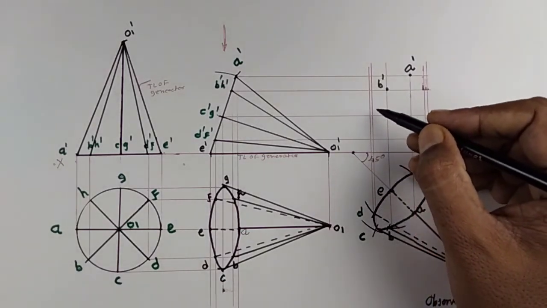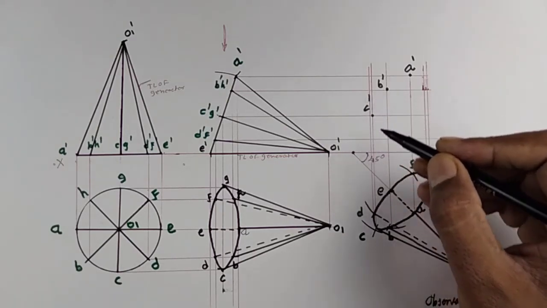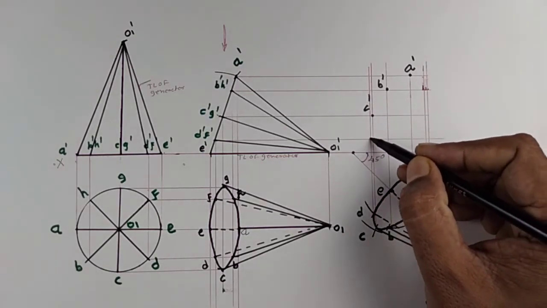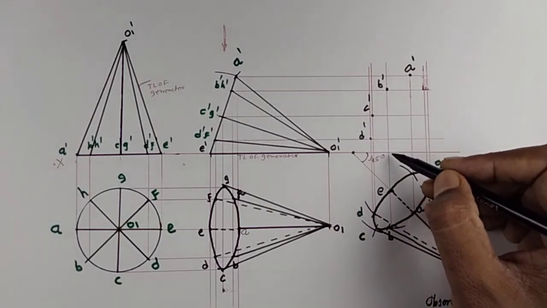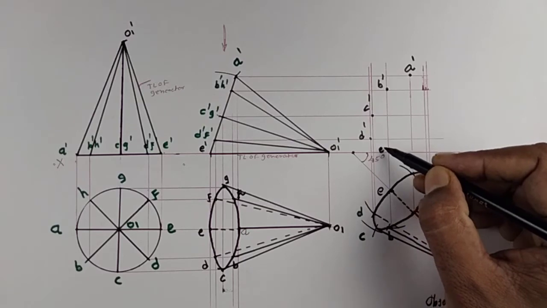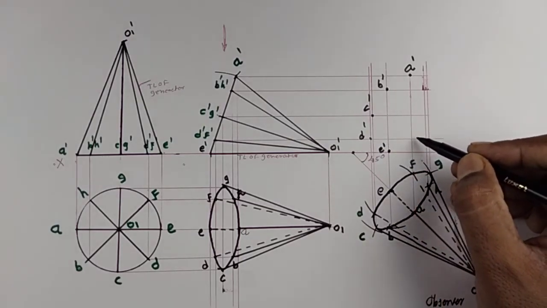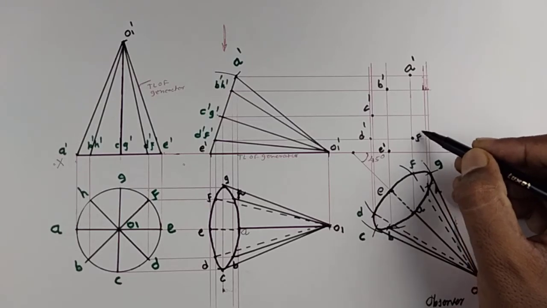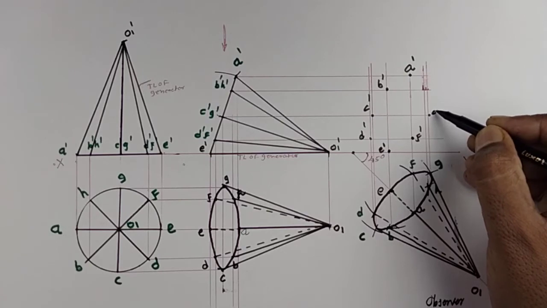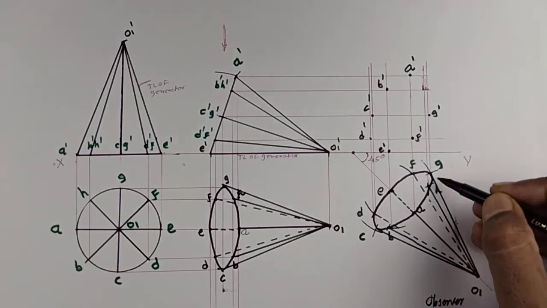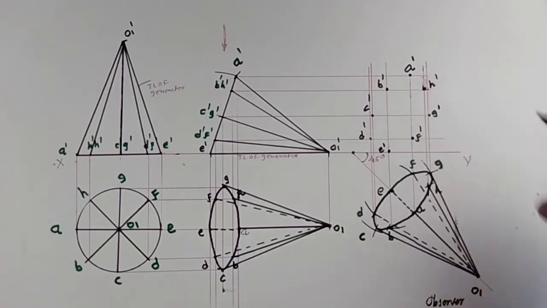This is our C dash. This is your D dash. E dash, it is on XY line. This is your F dash. Center, it is your G dash. This is my H dash.